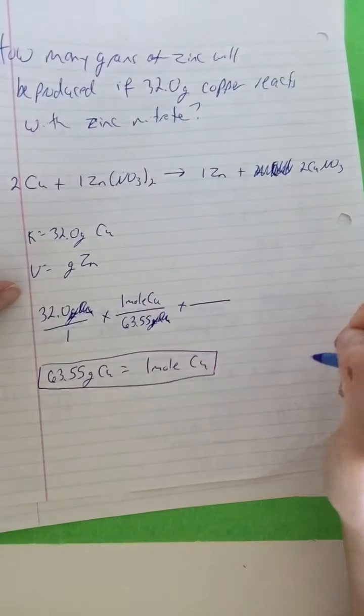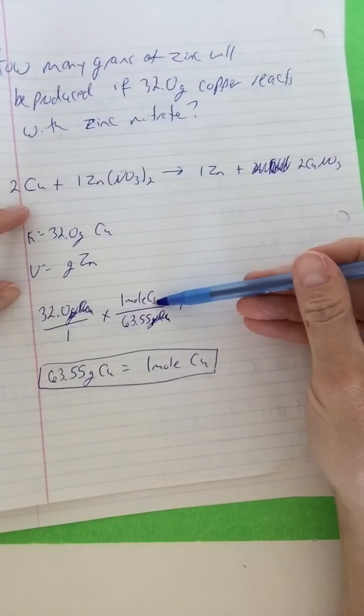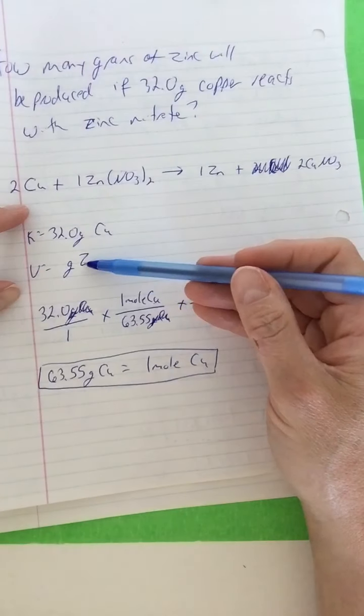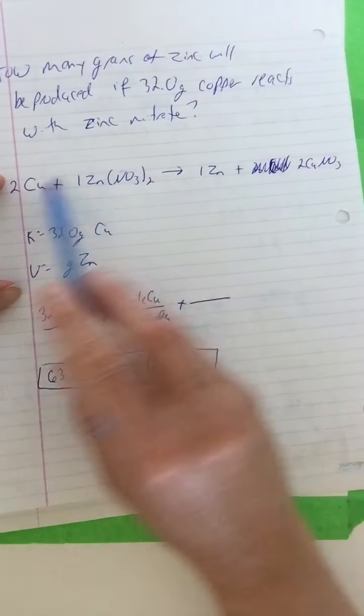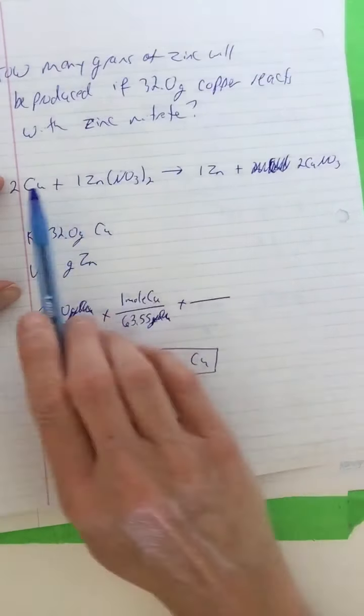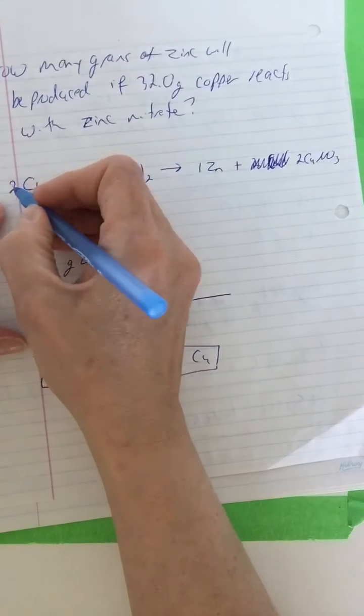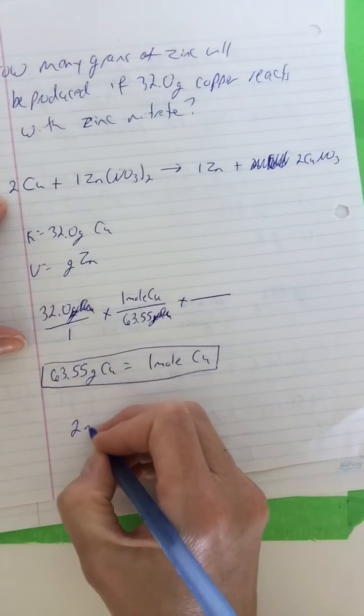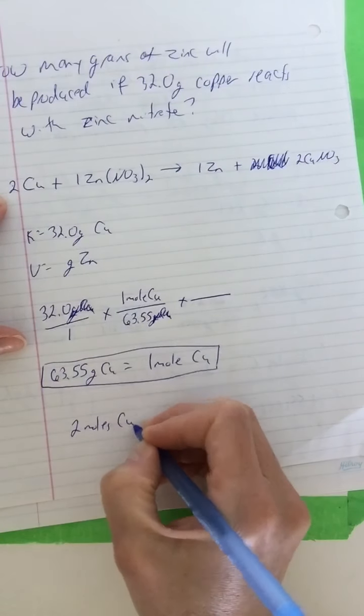What comes next? Well, I'm talking about copper, but I really want to know about zinc. So this is the opportunity where I can use a balanced equation to go from one compound to another. So in this balanced equation, the 2 comes from here, 2 moles of copper is equal to 1 mole of zinc.